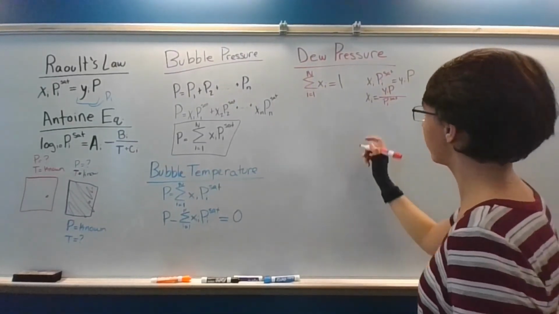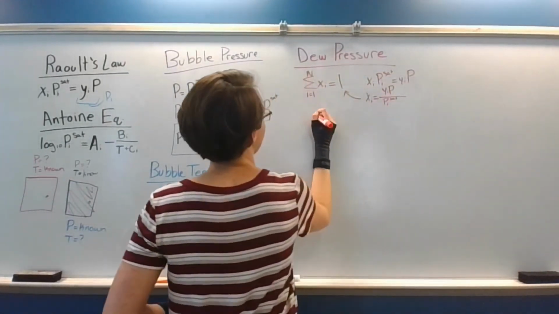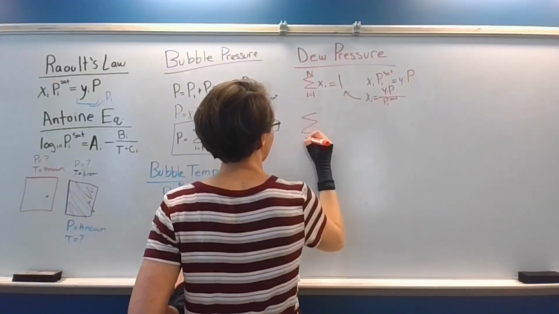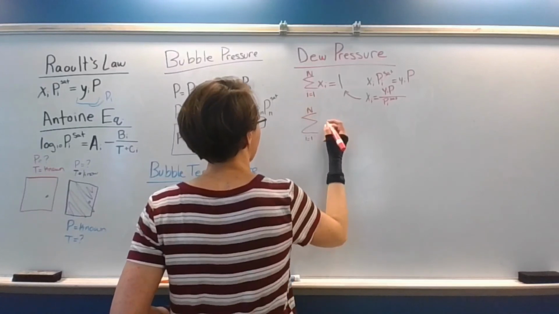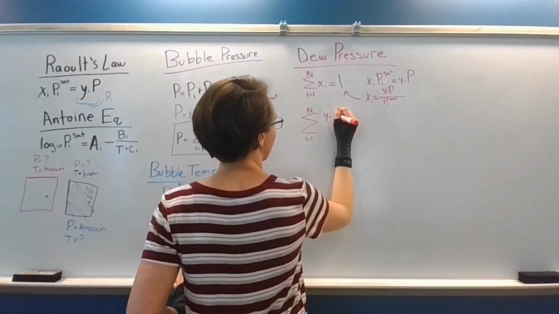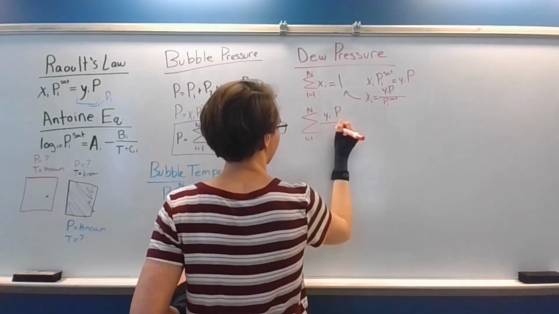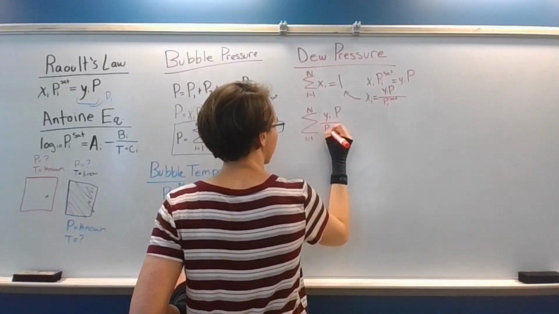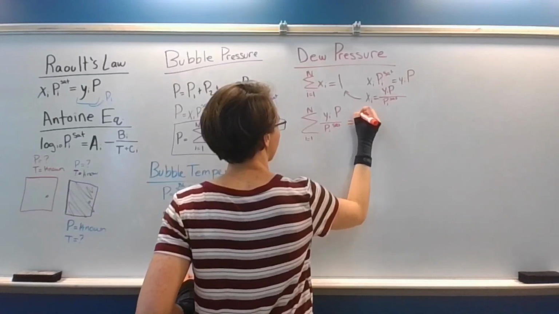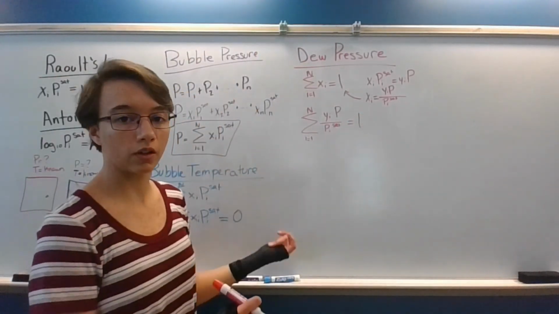Alright, then we can take this and plug it in there. And we'll have the summation from component 1 to component n of the mole fraction in the vapor phase times the total pressure over the pure component vapor pressure is equal to 1. So this is the dew pressure, so we're going to want to solve for pressure.